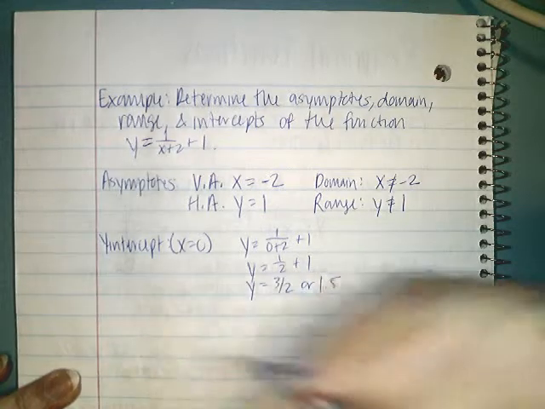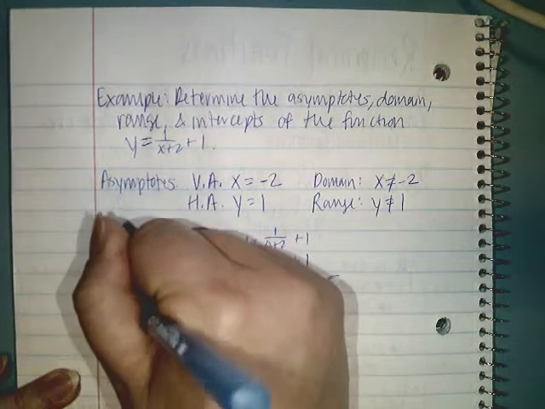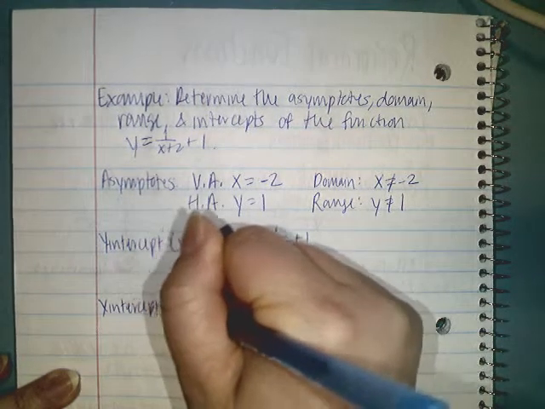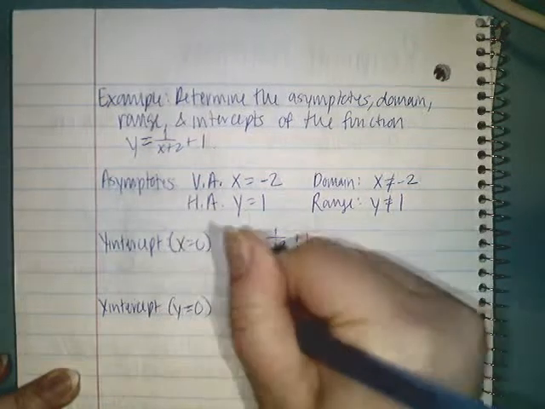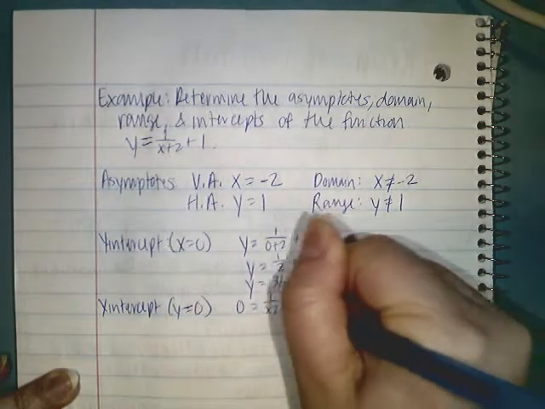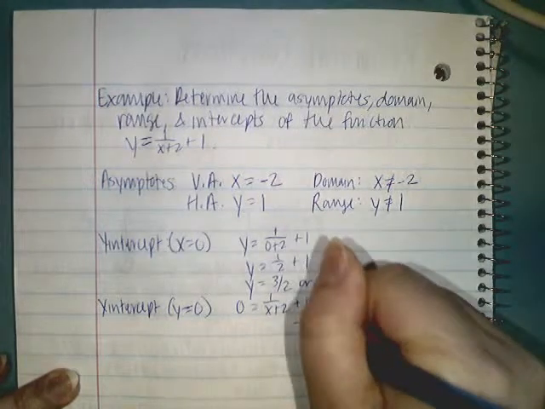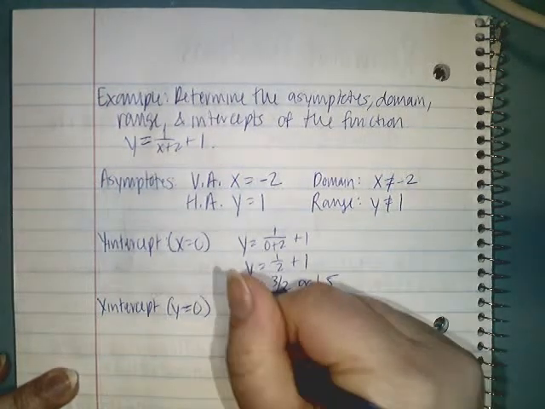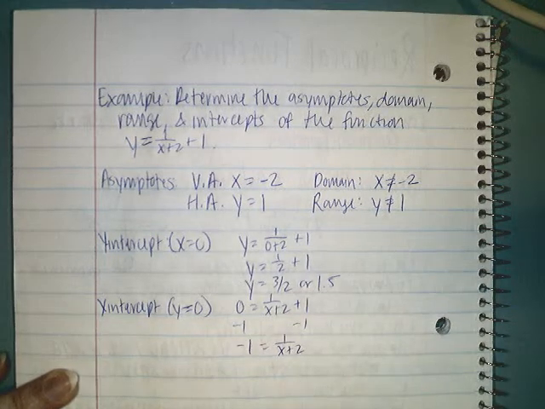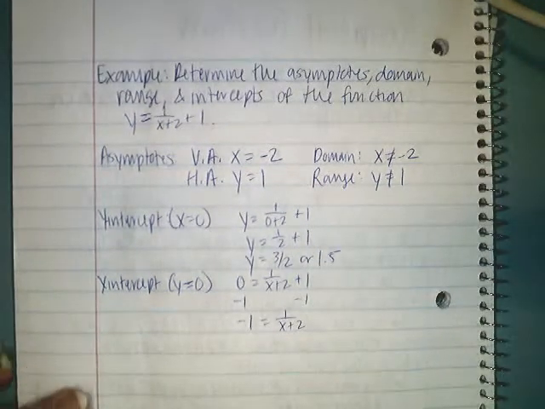Now I'll do my x-intercepts. So again, x-intercept is going to be when y is equal to 0. So I'm going to plug in 0 for y, 1 over x plus 2 plus 1. I'm going to subtract 1 from both sides. I get -1 equals 1 over x plus 2. So again, this is where our rational expression stuff comes in handy.